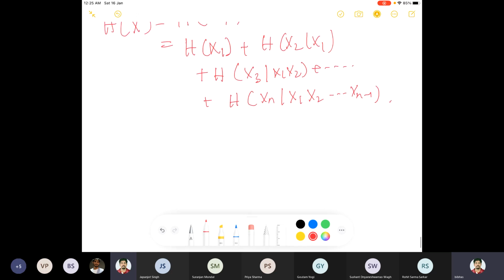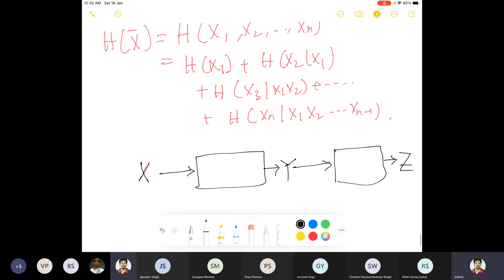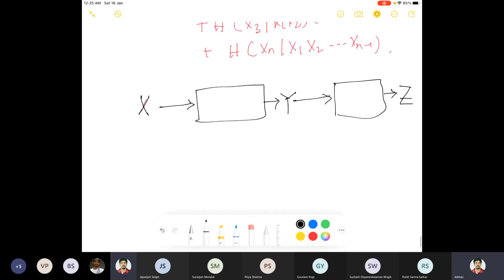Let's say we have X here, then there is a channel, and then here I have Y, and then again it goes through some channel, and then I have information Z. Then what can I say about H of X, Y, Z?